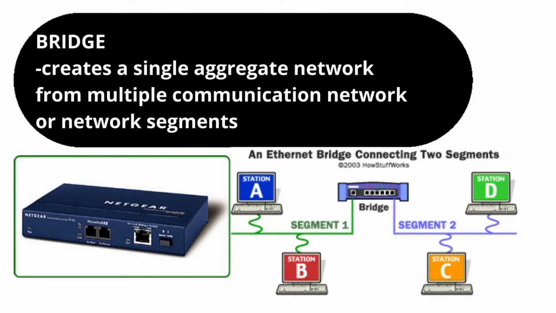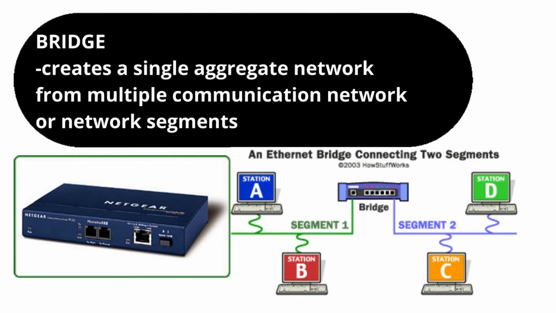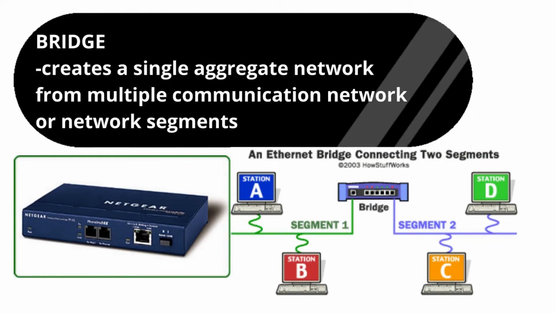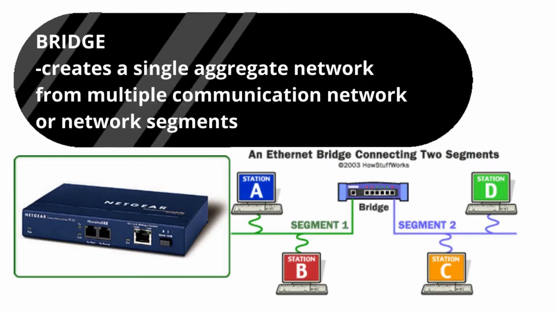Then we have the bridge. The bridge creates a single aggregate network from multiple communication networks or network segments. What does it mean? The function is called network bridging. Because of an internet bridge connecting two segments, like in this photo, the bridge is able to connect our Ethernet from segment 1 to segment 2 and then transfer to the other station.